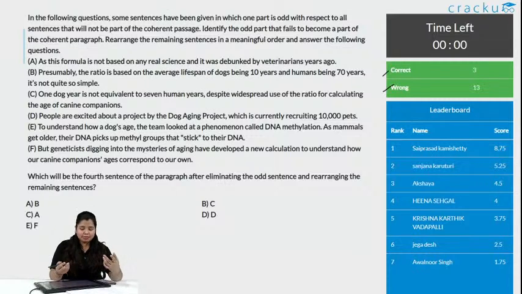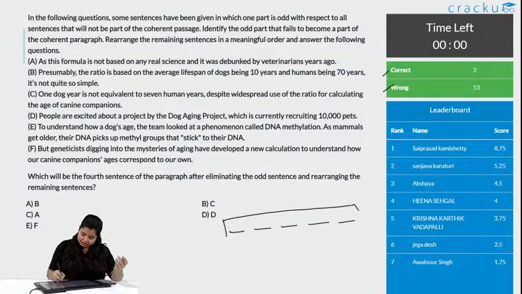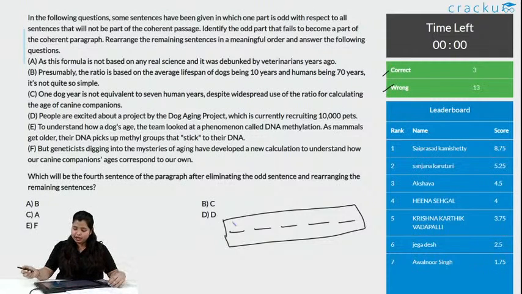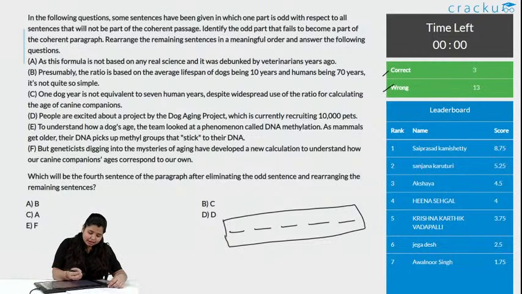Okay, let us solve it in a puzzle way. 5 blanks. If we fill the 5 blanks with these numbers, we will get a paragraph. Okay, let us see how we do this. What is the instruction saying? In the following question, some sentences have been given in which one part is odd.